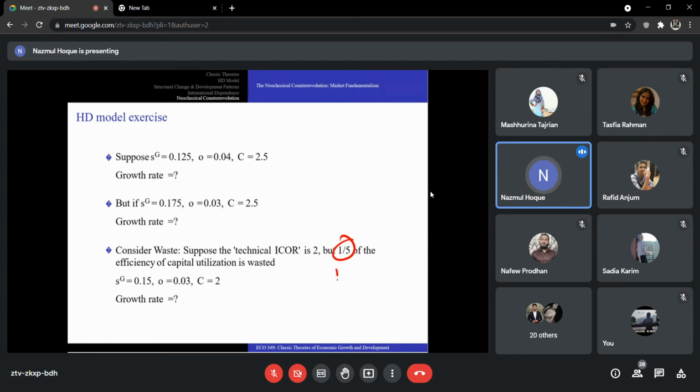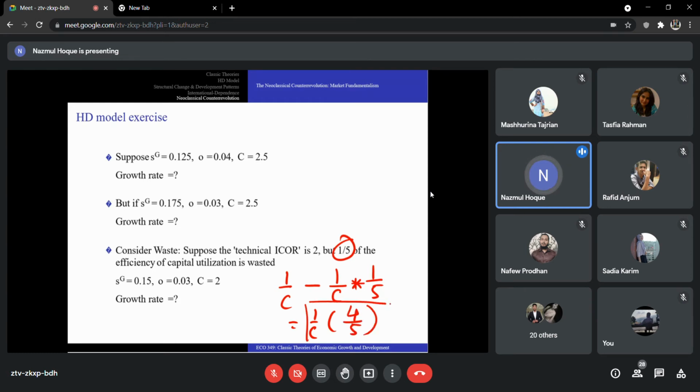If our efficiency is 1/C, 1/5 of this 1/C is wasted, right? So that means the remaining efficiency is 1/C minus this, or 1/C times 4/5.